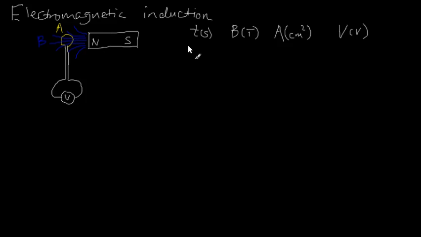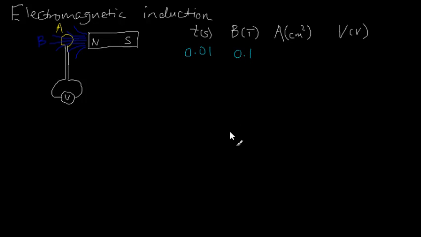So suppose I do it quite quickly, in a very short time of say 0.01 second. That fast. And suppose that the strength of this magnetic flux density near the North Pole is 0.1 Tesla.